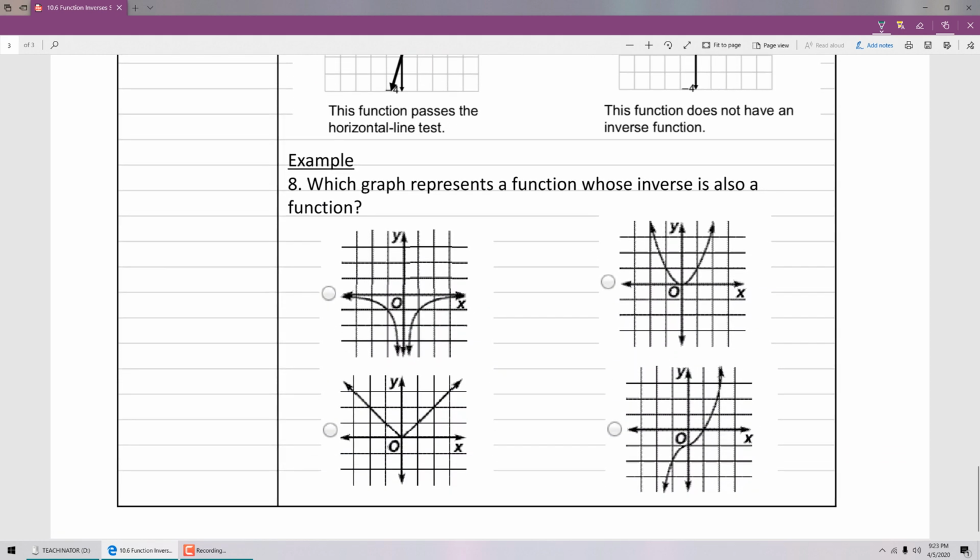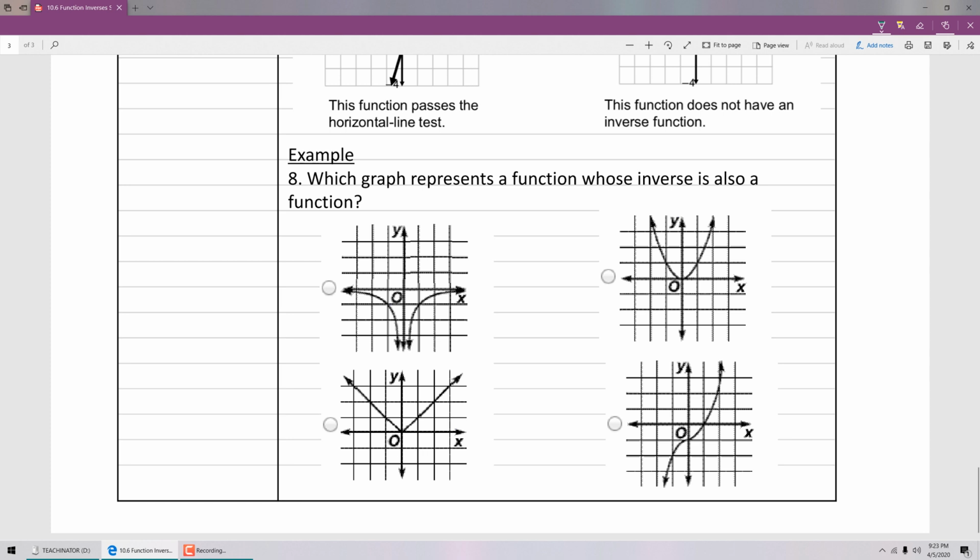Alright, so which of the graphs represents a function whose inverse is also a function? Okay, so because we're looking at a graph here, I'm going to draw a horizontal line. If it crosses in more than one spot, then it's not a function. So this is the only one that is a function. Its inverse would be a function.